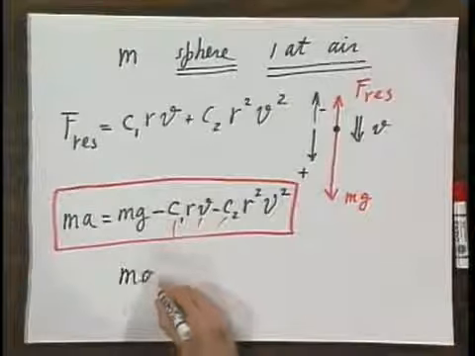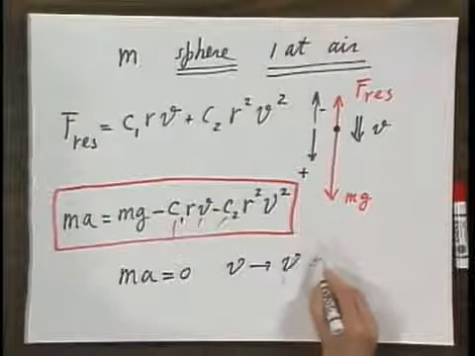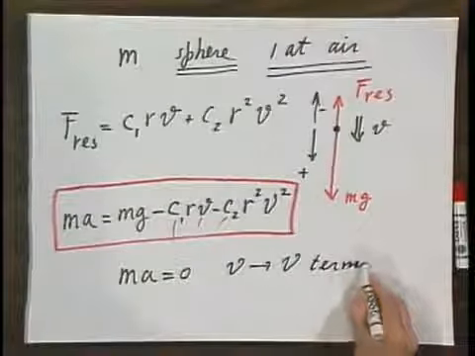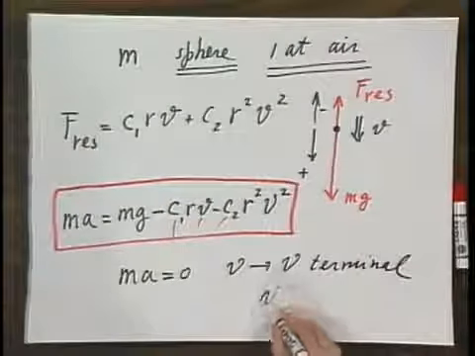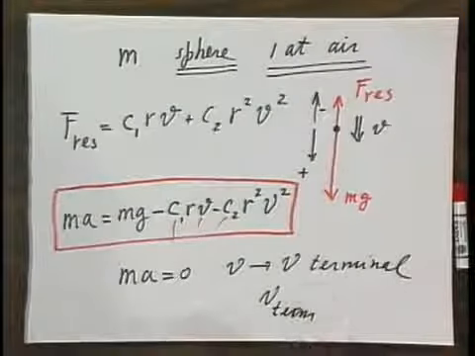So when ma equals 0, v becomes v terminal, and I will write for that abbreviated v term. So you start off with 0 velocity, and the velocity gradually increases until it reaches this terminal velocity.